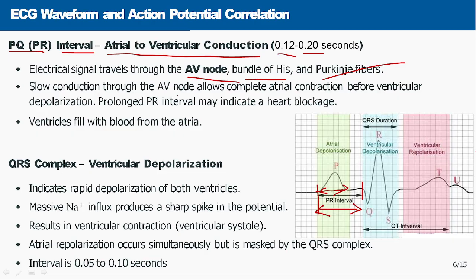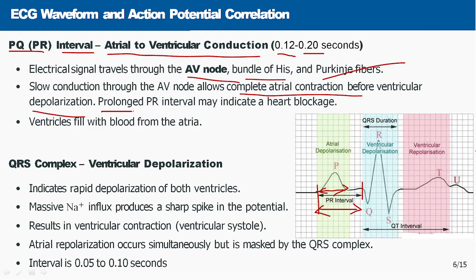So, slow conduction through the AV node allows complete atrial contraction. Otherwise, if ventricular depolarization occurs without complete contraction, the complete blood volume will not come into the ventricle before it starts pumping it out. So, the AV node allows complete atrial contraction by introducing the delay before ventricular depolarization.